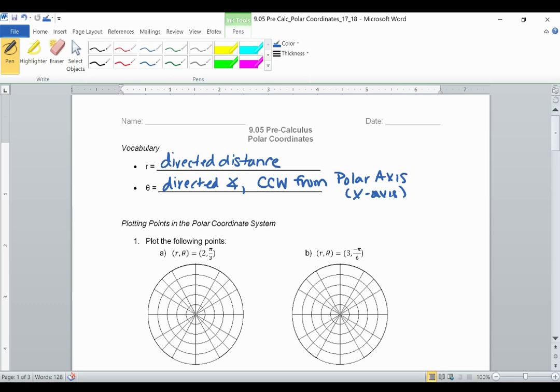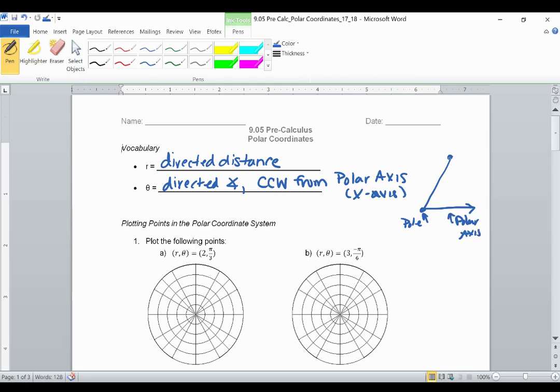So before, we've always talked about plotting points on the rectangular coordinates on our coordinate grid. These grids are going to look a little bit different. So just so you get an idea here, you've got your pole right here. That's kind of your vertex for what I'm drawing. And then your x-axis is going to be the polar axis right there.